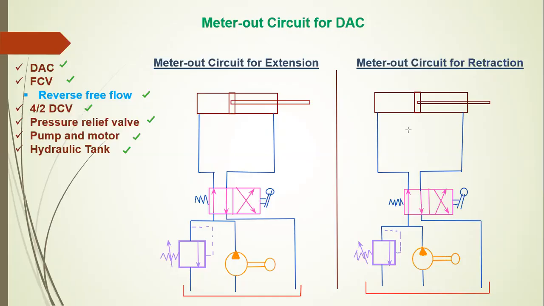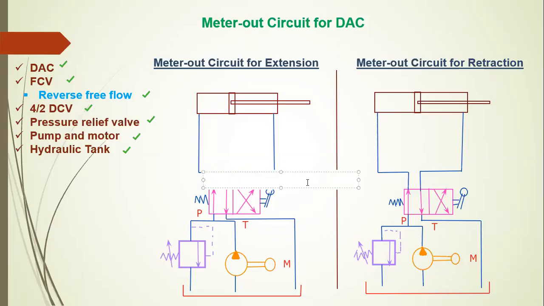Let's give the names for all components. Here is the hydraulic pump and motor set, M. Here the connection T returns to the tank. Here this connection is P, coming from the hydraulic pump.